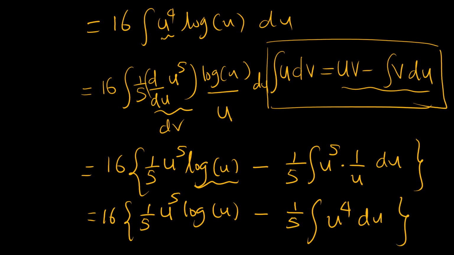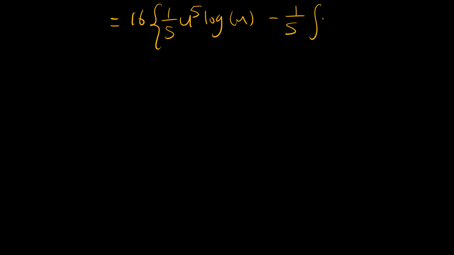All right. So it becomes really tractable here. Let's see how we can proceed with this. Our integral that we saw was 16 times 1 over 5, u to the power 5, natural logarithm of u minus a fifth, the integral of u to the power 4. Yeah, that's what we have.